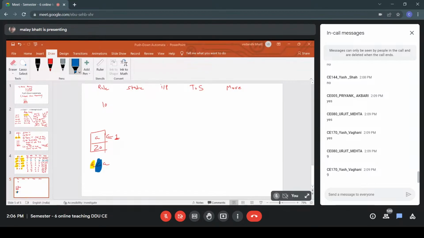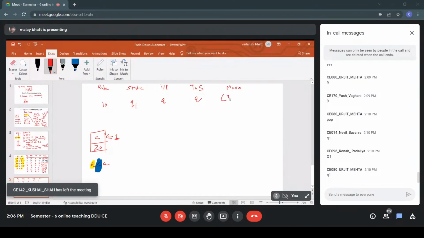We have to do the pop operation. So now in rule number 10, what will our state be, Q0 or Q1? It is Q1, right? Because now we are doing the pop operation. So Q1, input is A, top of the stack is also A.